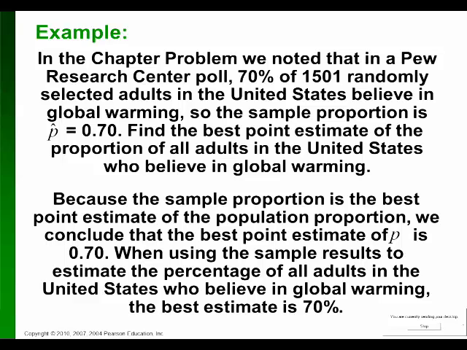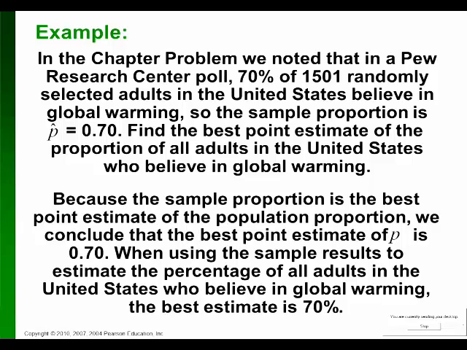But 70% of the 1,501 randomly selected folks said, yes, I believe in global warming. So the sample proportion is 0.7. 70% of the 1,501. So that 0.7 is your p hat, your sample proportion. Find the best point estimate of the proportion of all adults in the United States who believe in global warming. Well, what the previous slide was saying is that the sample proportion is the best estimate of the population proportion.